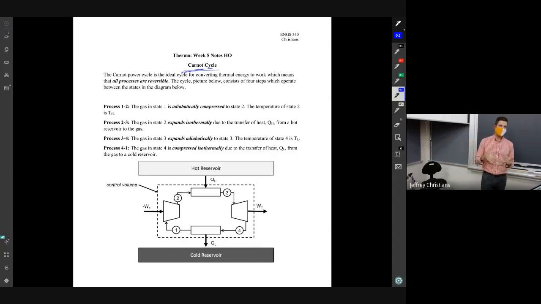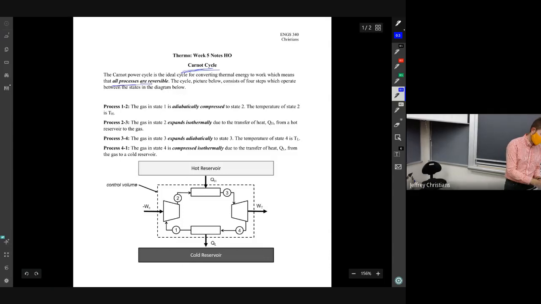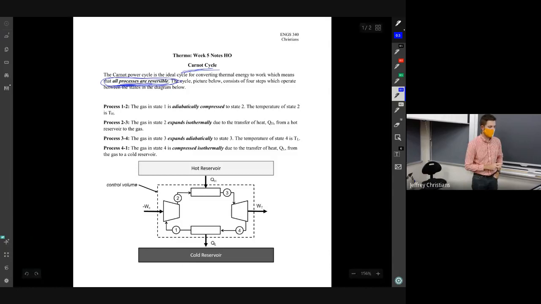Well, one thing we should note is that in a Carnot cycle, by definition, all processes are reversible. So circle that. It's already bolded and italicized, but right, this is the ideal system. So everything that we do must also be ideal. That's kind of the idea behind that.